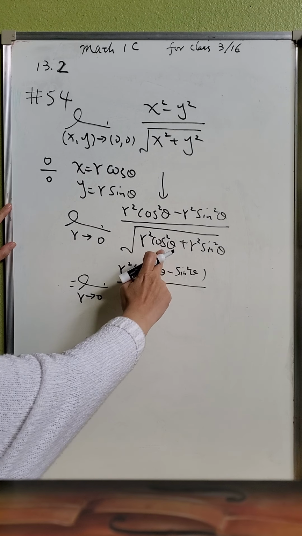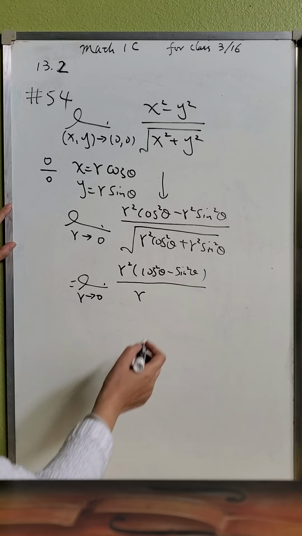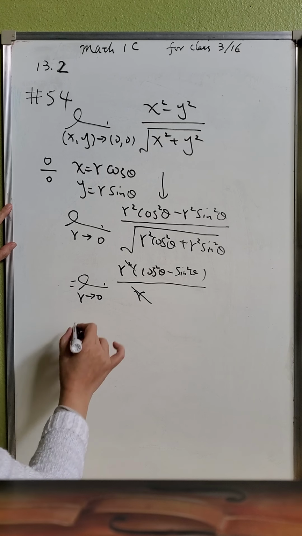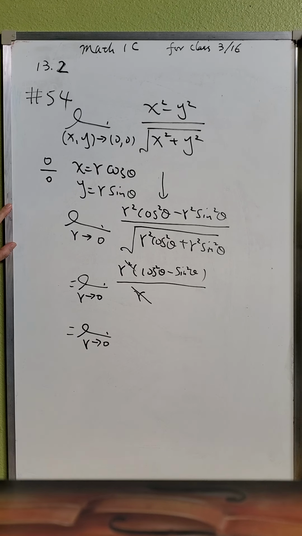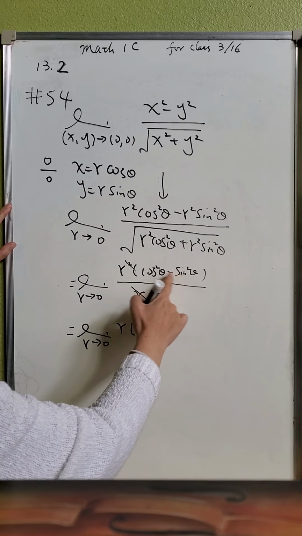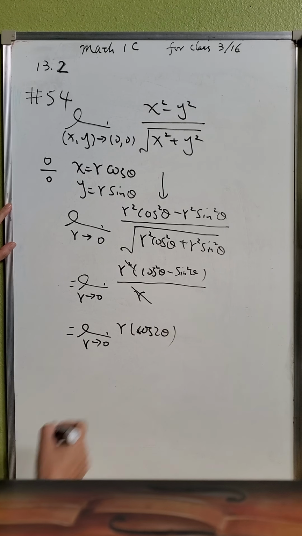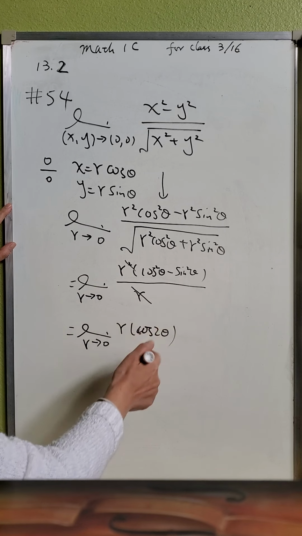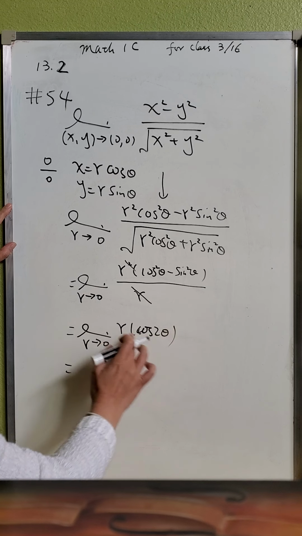So we use the cosine squared plus sine squared equals 1. Okay, so you factor out the r squared here. So now this can reduce. And that's equal to the limit as r approaches 0 of cosine, what? 2 theta, by using the double angle to convert it. You don't have to do that, but it just looks a little bit nicer. Now when r goes to 0, this just equals what? 0.